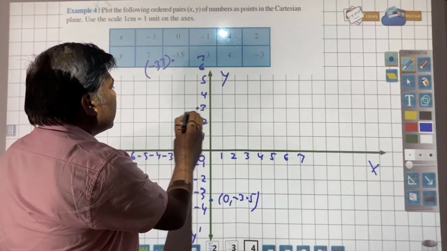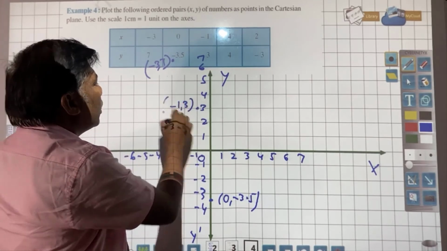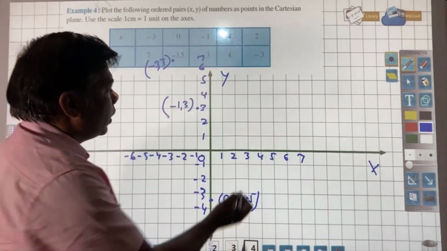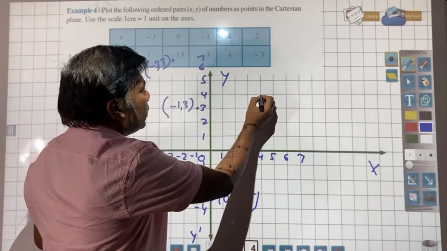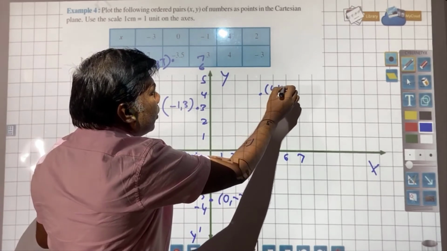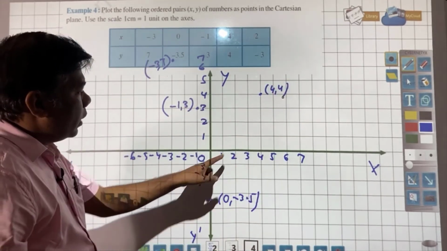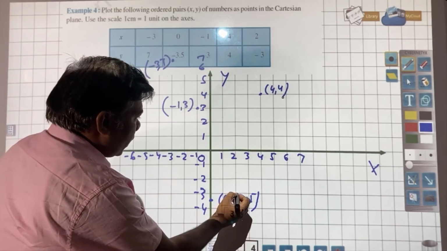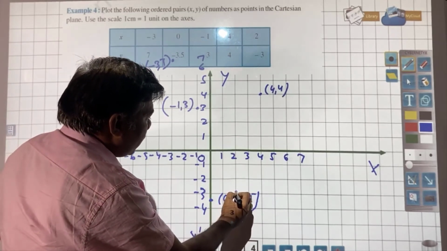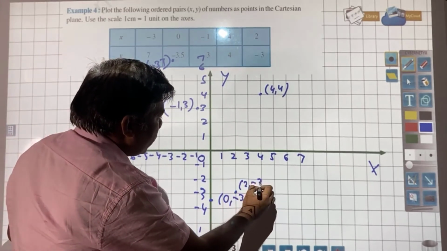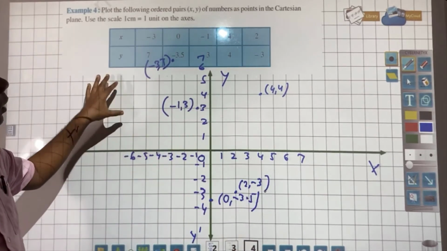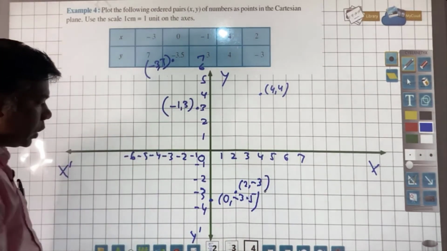Here you will be having minus 1 and 3. Then you have (4, 4), where x is 4, y is 4. Then (2, -3). I hope you understood. In this way, points can be shown.